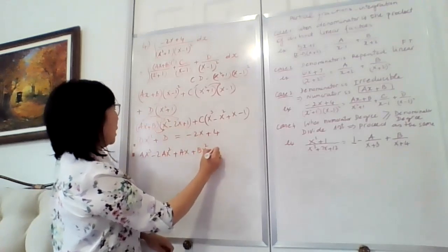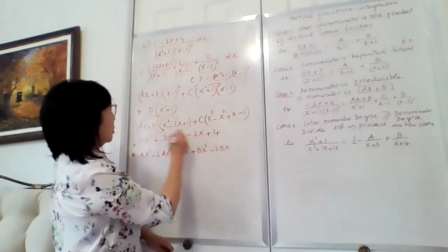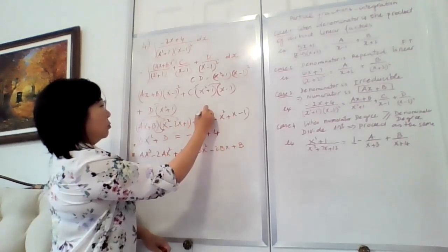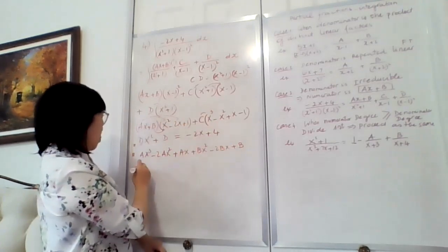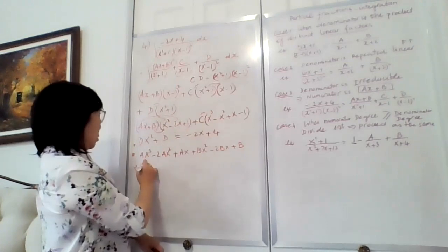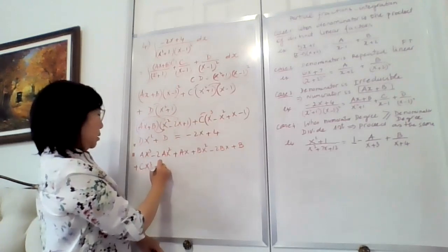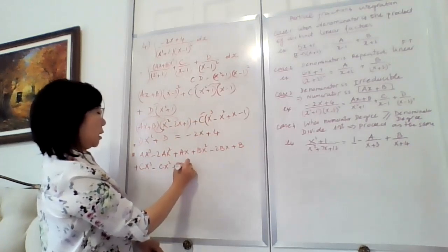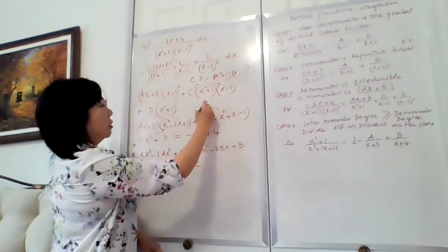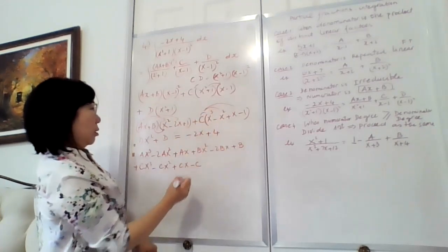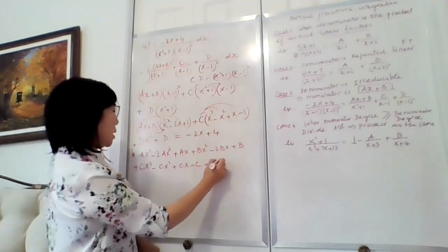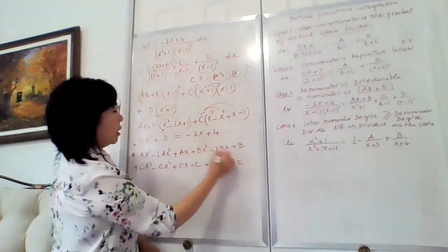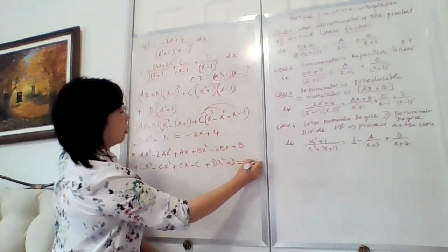Times this will be minus 2bx. Time with this will be just plus b. Now I go to next C. So adding with cx3 minus cx squared plus cx minus c, right? I distribute 1 by 1. Okay, the last term will be plus dx squared plus d. Now all of this will be equal on the right hand side, which is minus 2x plus 4.